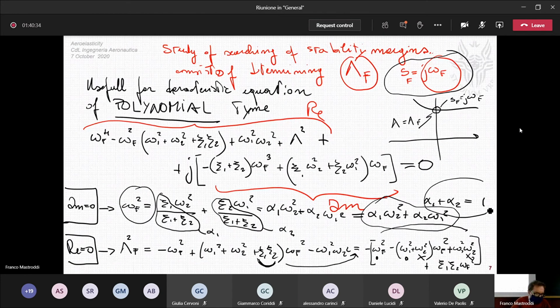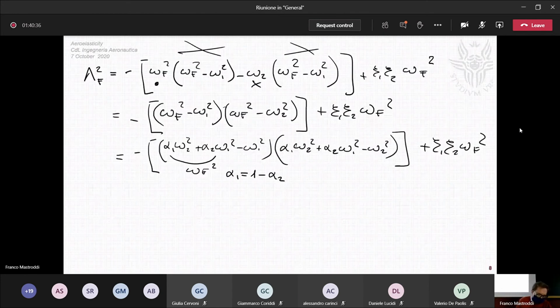And so if you substitute here alpha 1, and here too, so you substitute alpha 2. Alpha 2 is equal to, excuse me, minus alpha 2 is equal to alpha 1 minus 1.